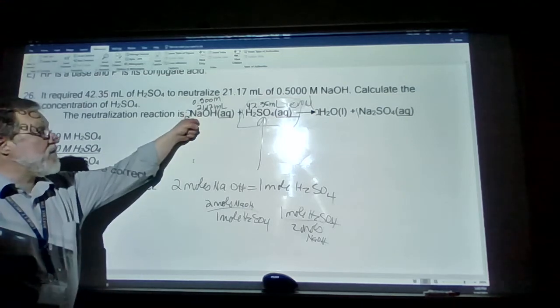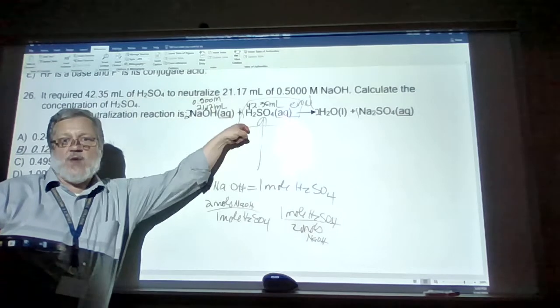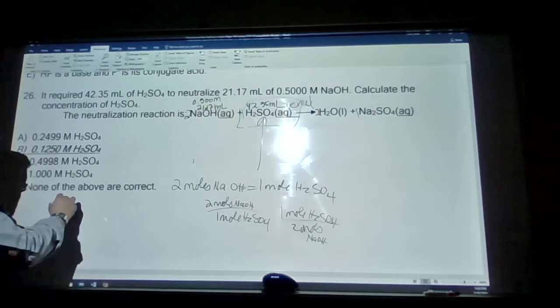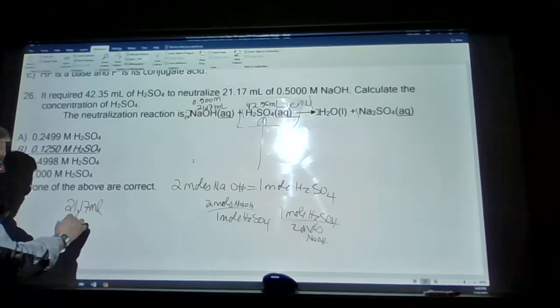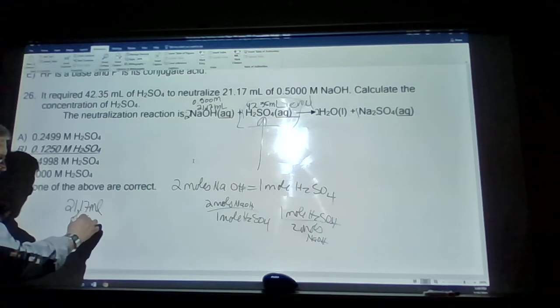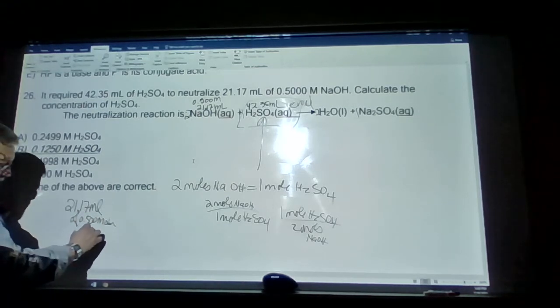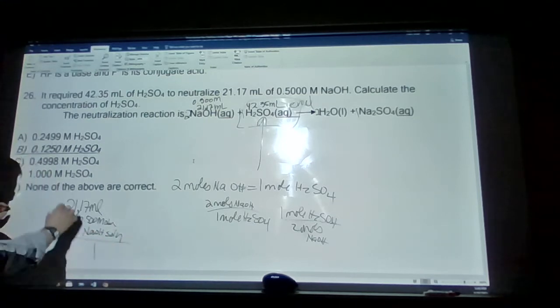So this is where we start. This is where we end, because this is what it's asking for. It's asking for information about H2SO4. So we have 21.17 ml of a 0.500 molar NaOH solution.